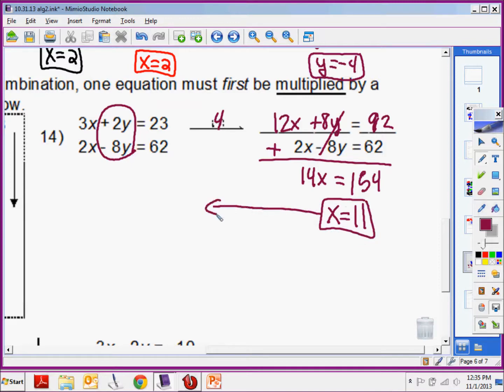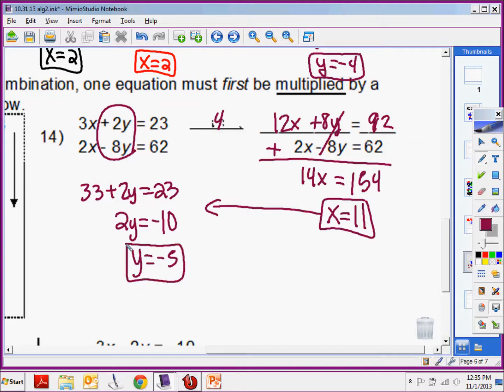Go plug it back in. Does it matter which one I plug it back into? No, it's going to do the same thing. So what's my solution? 11, negative 5.